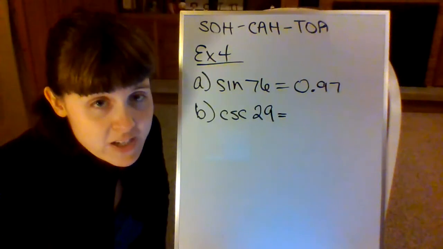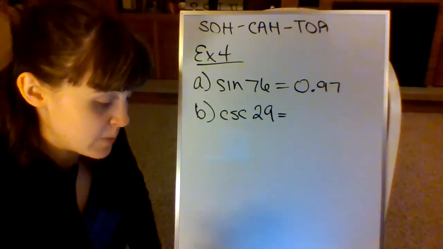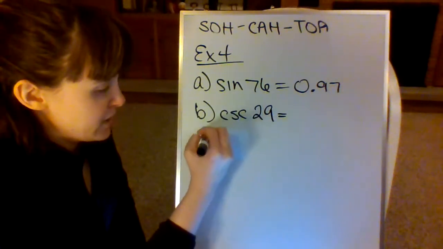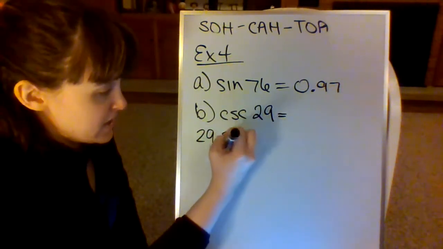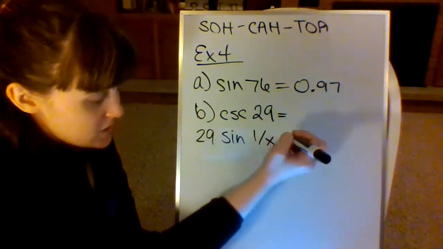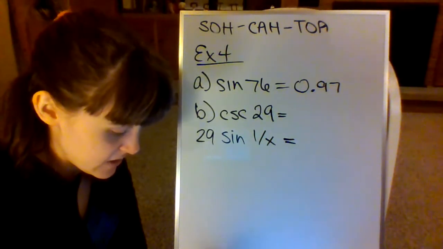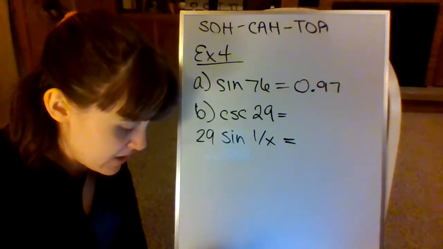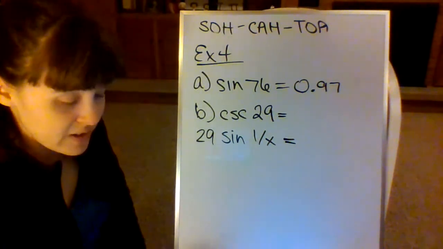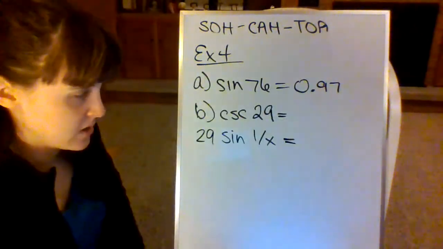Now if you remember, cosecant is the reciprocal of sine. So when we do that, on your phone calculator, we're going to do 29 sine, then press this button that says 1 over x, and that'll give us the answer. So 29 sine 1 over x. And if you round this to the nearest hundredth, that would be 2.06.